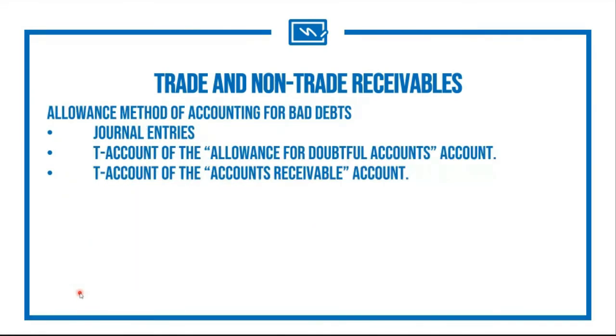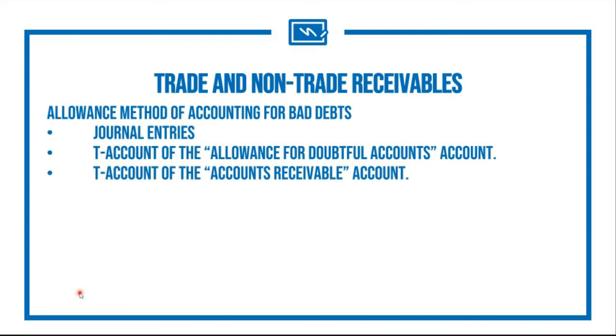Again, pagdating natin dun sa allowance method of accounting for bad debts, of course, we need to always remember yung journal entries. Okay? Kapag normal na allowance yun, that's going to be i-debit to the bad debts expense or the doubtful accounts expense and credit to allowance.